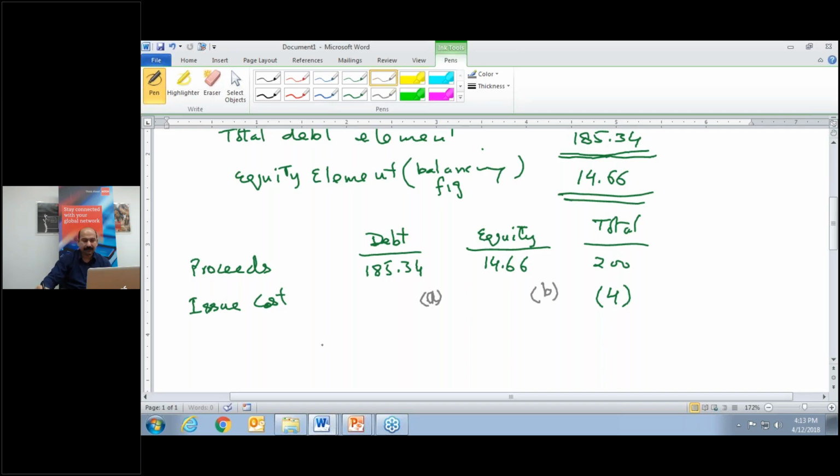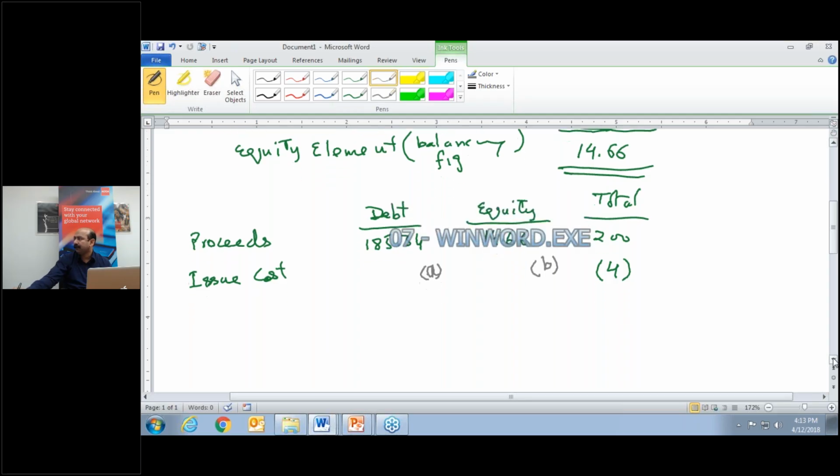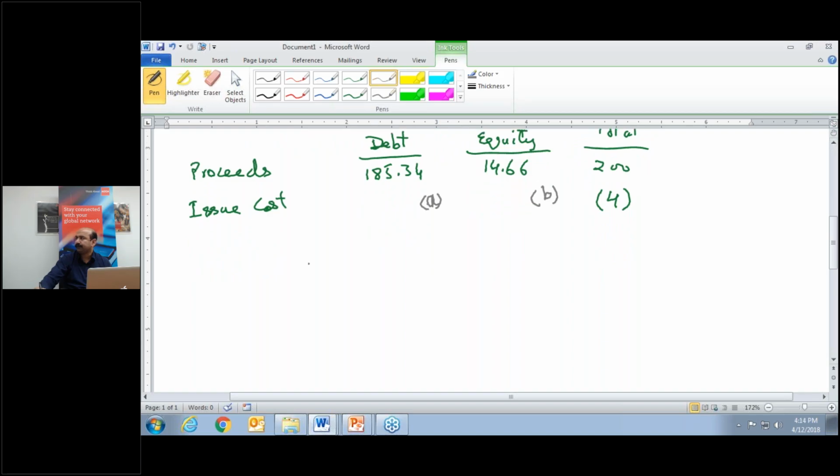So what is A in fact? A is equal to 4 million into 185.34 divided by 200.